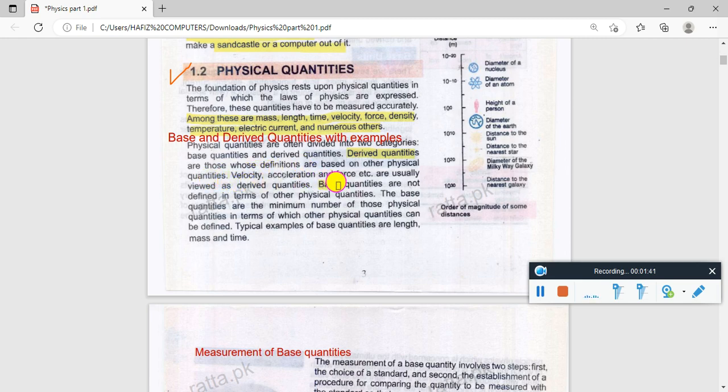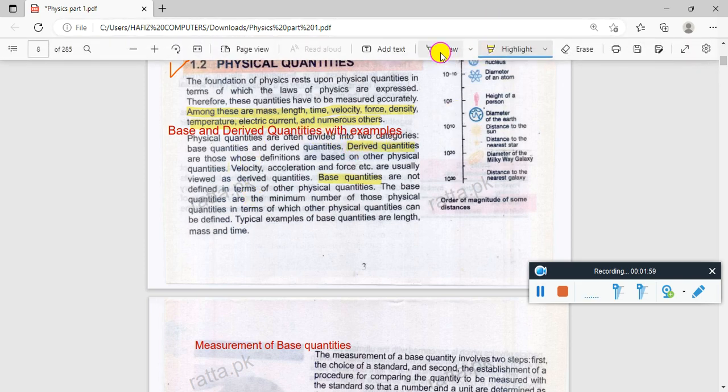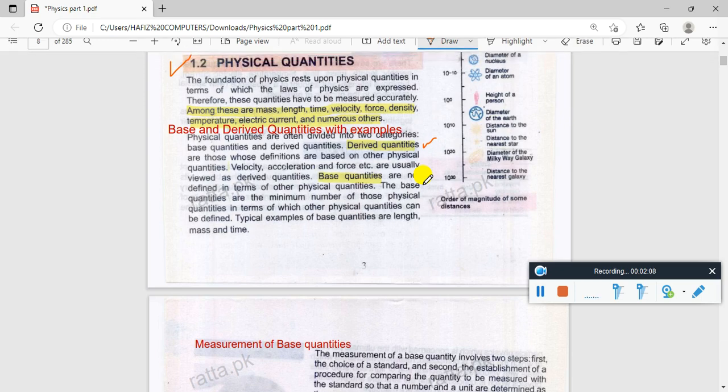Next are the base quantities. Base quantities are not defined in terms of other physical quantities. The base quantities are the minimum number of quantities in terms of which other physical quantities can be defined. So when base quantities are combined together, they form the derived quantities, or the derived quantities are defined in terms of base quantities, and base quantities are those which cannot be defined in terms of other quantities.